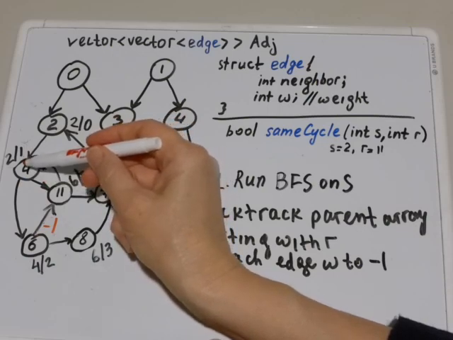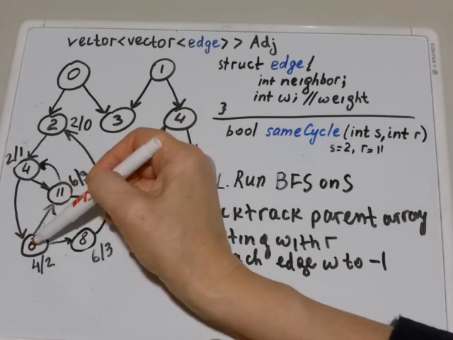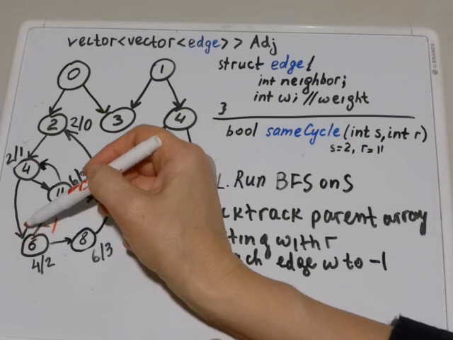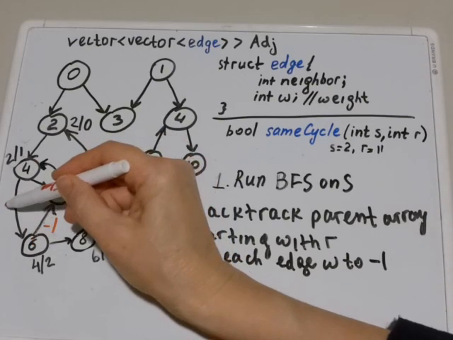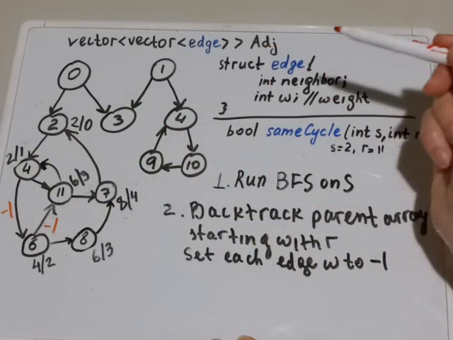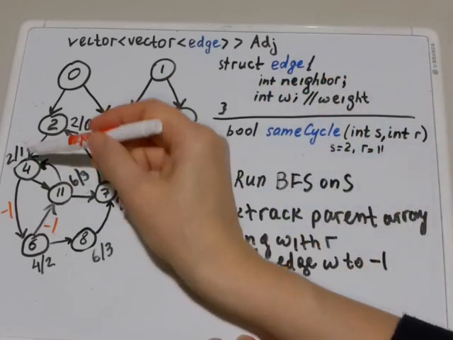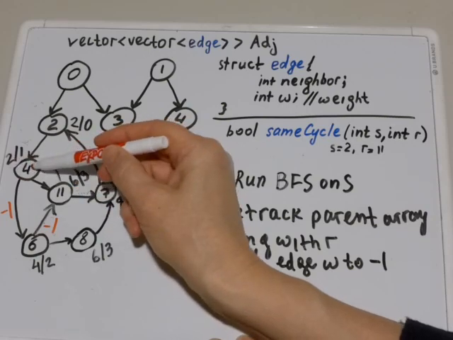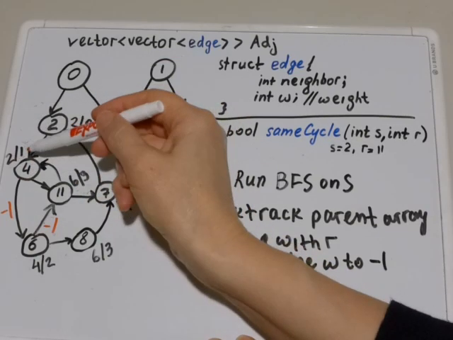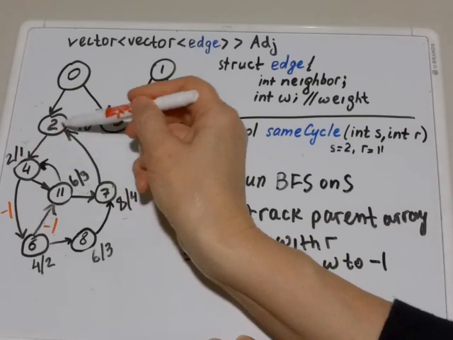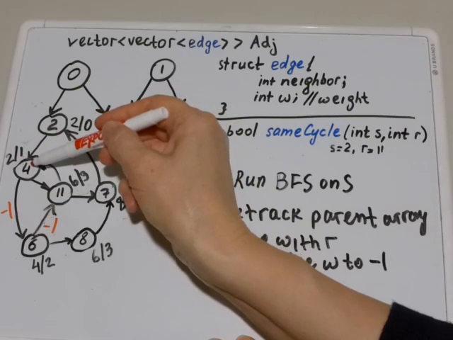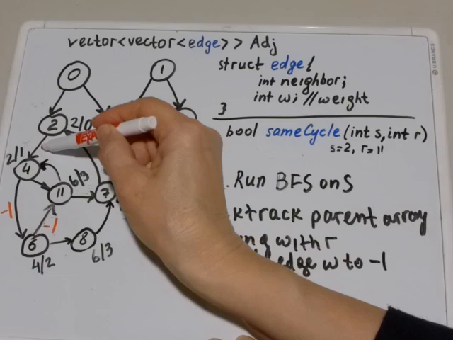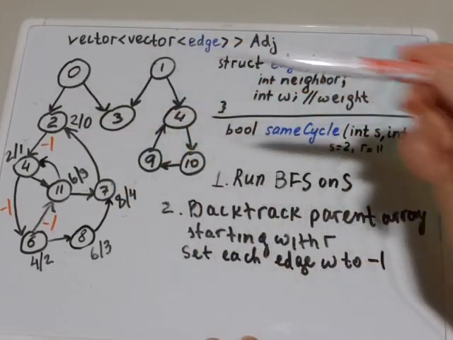Find one edge that has neighbor 6 and set the weight of this edge to -1. Then we go and recursively call it on parent of 4. Parent of 4 is 2. So we look through adjacency list of 2, find the vertex 4, and set the edge to -1.